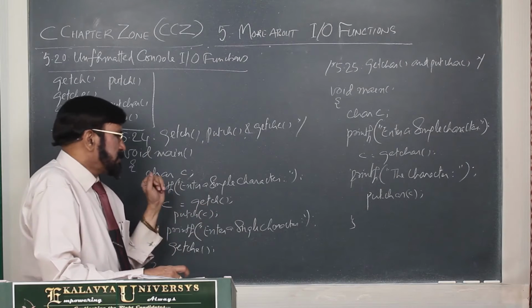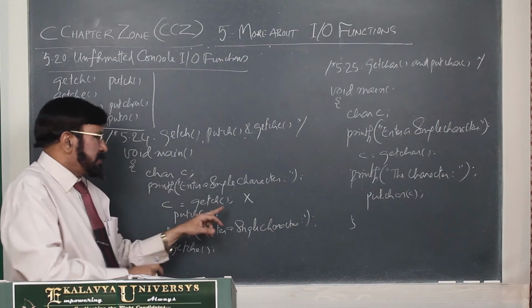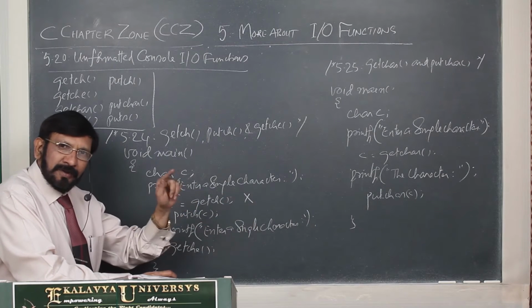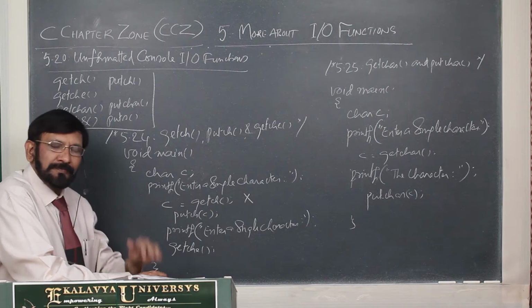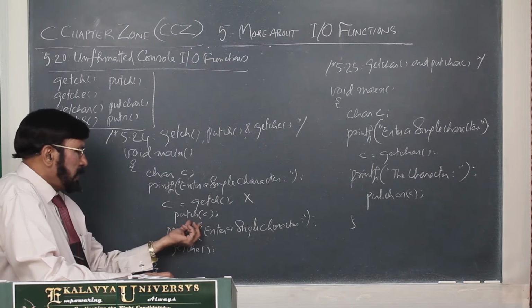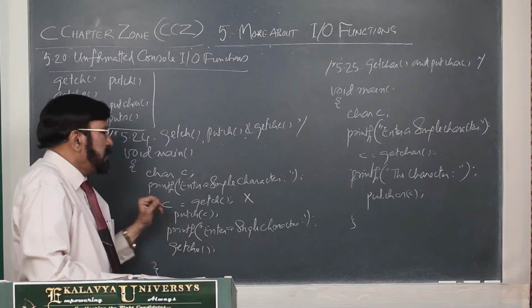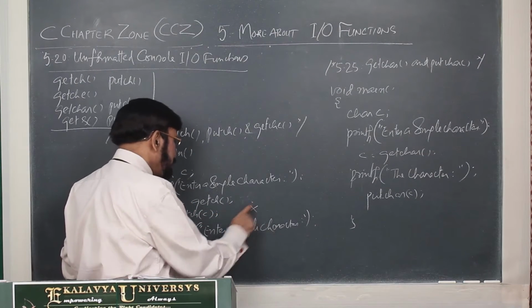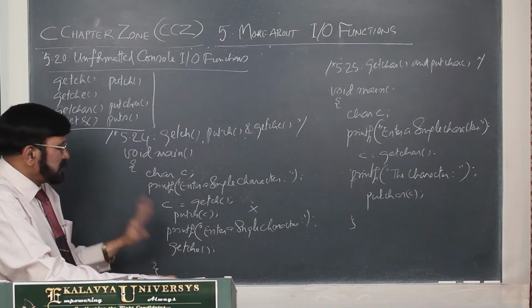Now suppose you entered x, then it is not displayed. When you are typing x, it is not displayed. Simply it is stored in c. But how can you see that? If you want to see it, the counterpart putch is there, so putch(c). Then only you can see what character was read and stored in c.